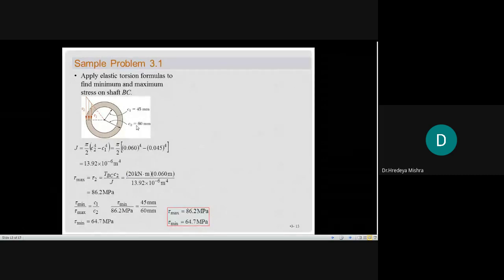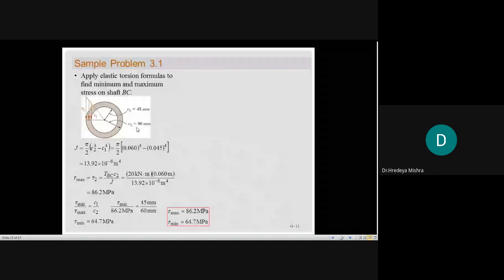We apply the formula for the hollow shaft: J equals pi by 2 times c2 to the power 4 minus c1 to the power 4.